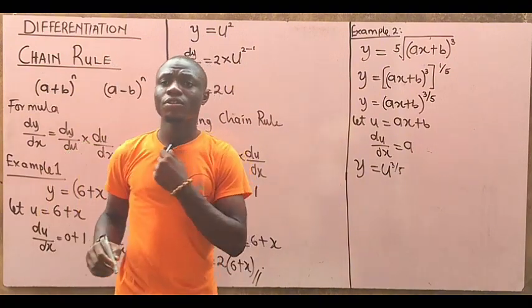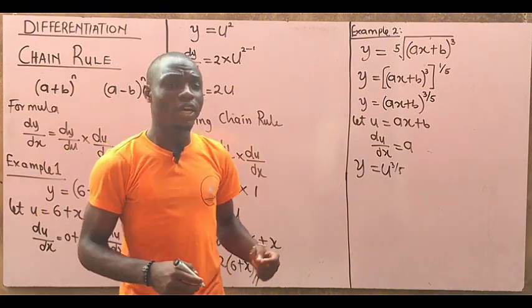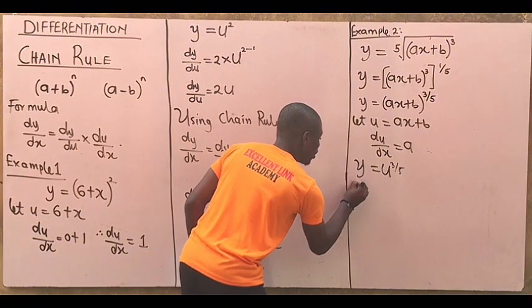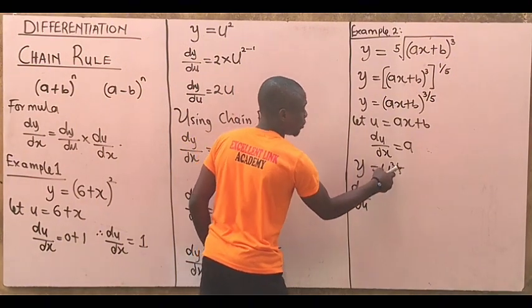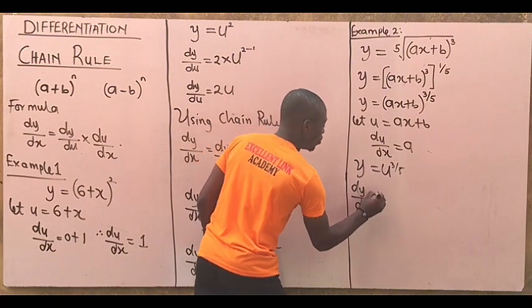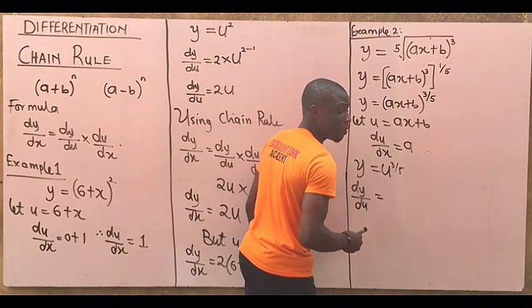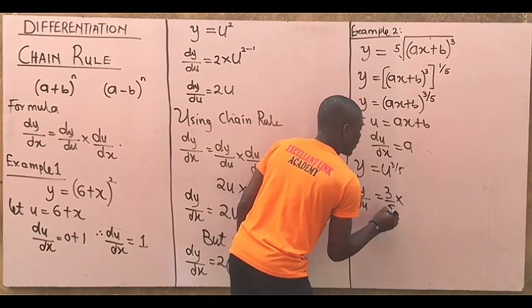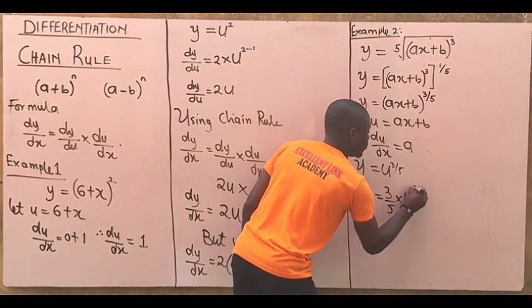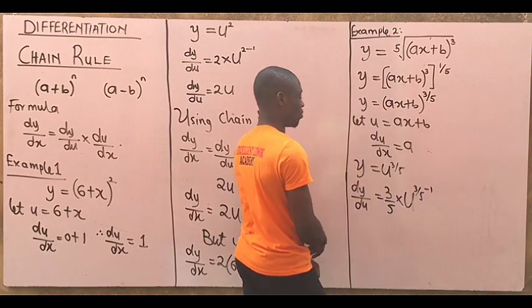So dy over du, I'm relating y with respect to u, will be equal to the power, 3 over 5, multiplied by u to the power 3 over 5 minus 1.